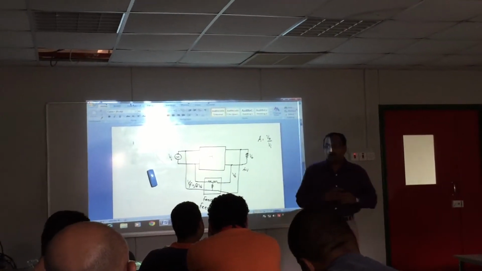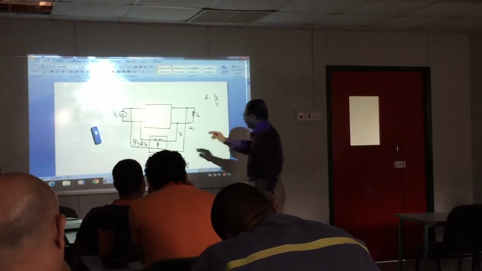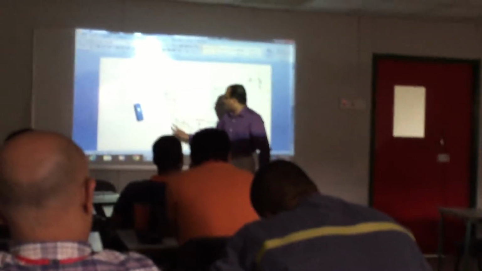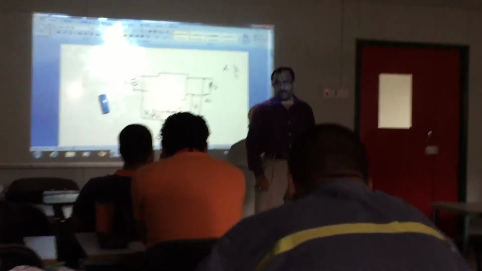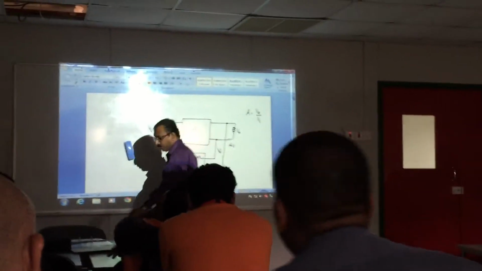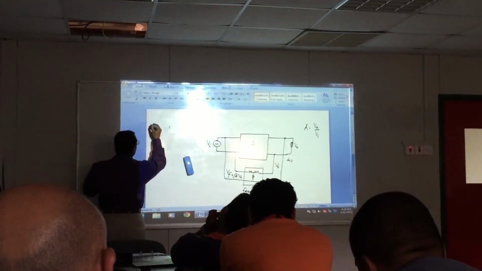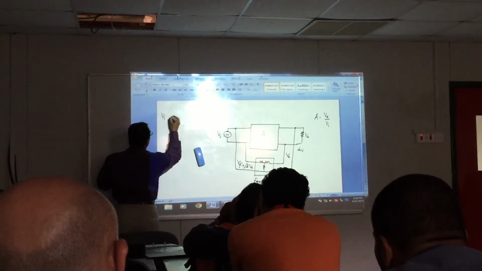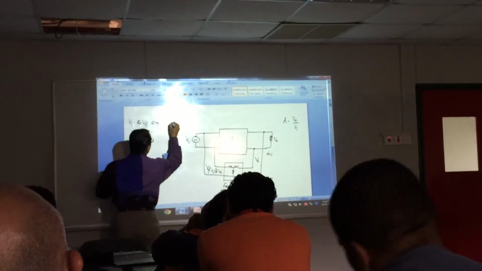And of course there are two types of feedback. One is if the input signal and the feedback signal are in the same phase. What will happen? They will add together. That is, VI and VF are in phase.